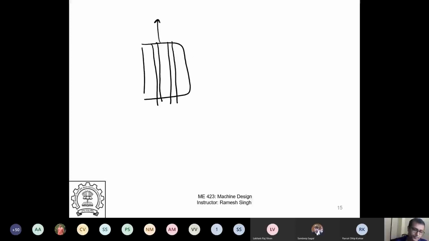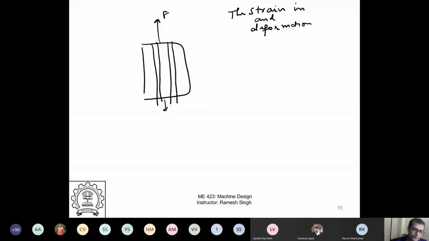So if I have this and I'm pulling it like this, F and F. If I pull it, the strain and deformation, because length is same, initial length is same and I'm deforming.